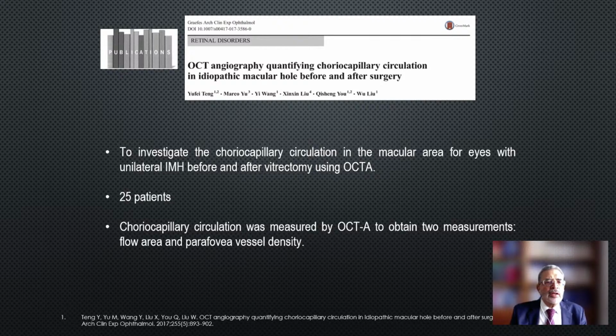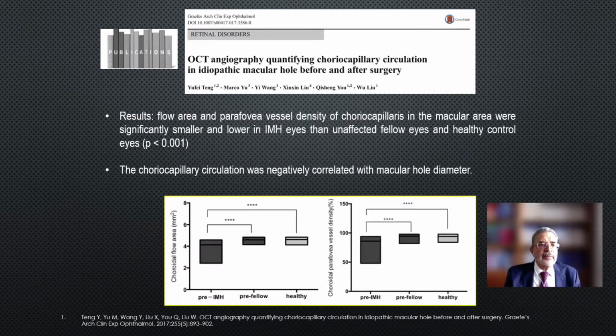To investigate the choriocapillary circulation in the macular area for eyes with unilateral macular hole before and after vitrectomy using OCTA, this paper analyzed 25 patients. Choriocapillary circulation was measured by OCTA to obtain two measurements, flow area and parafoveal vessel density.